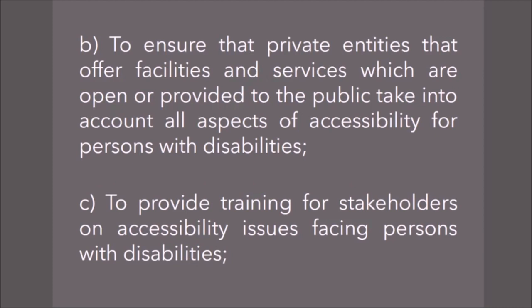To ensure that private entities that offer facilities and services which are open or provided to the public take into account all aspects of accessibility for persons with disabilities. c. To provide training for stakeholders on accessibility issues facing persons with disabilities.